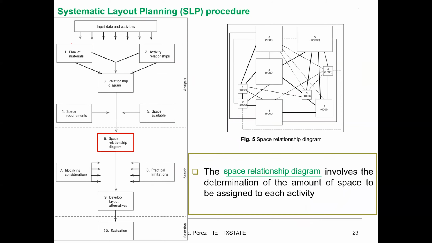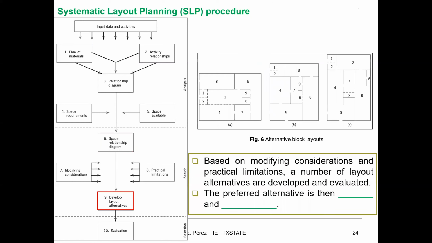So the space relationship diagram involves the determination of the amount of space to be assigned to each activity. So that's where we start showing the space in that relationship diagram. And then based on modifying considerations and practical limitations, a number of layout alternatives are developed and evaluated.